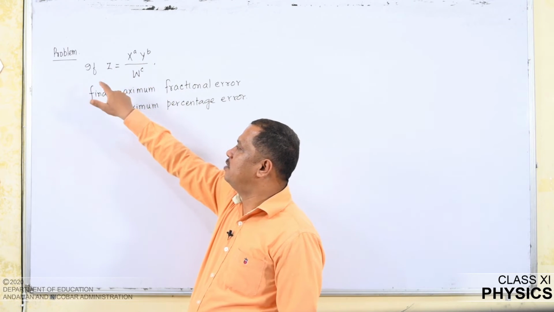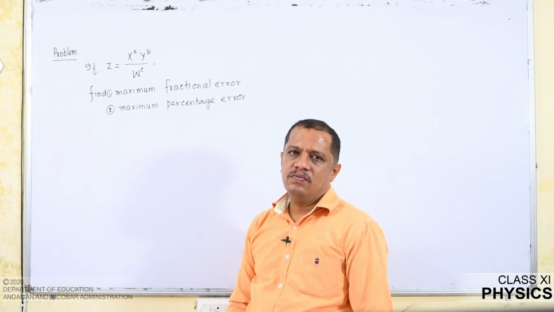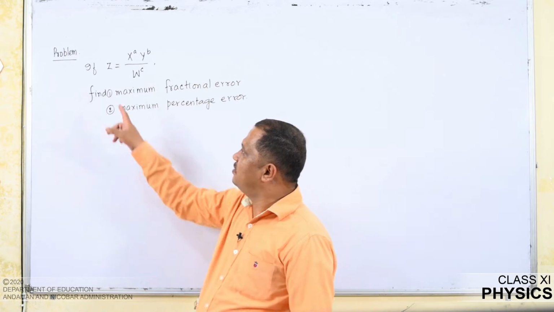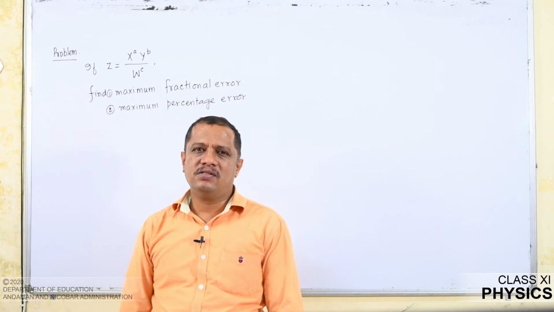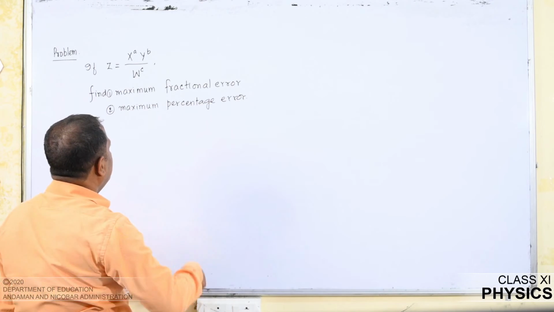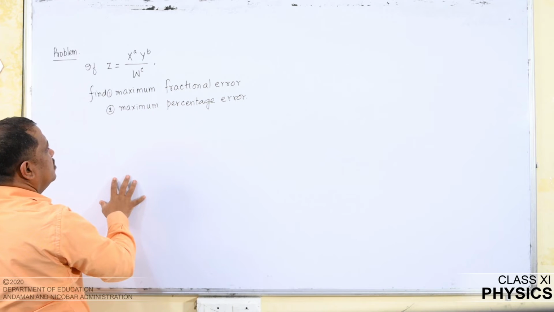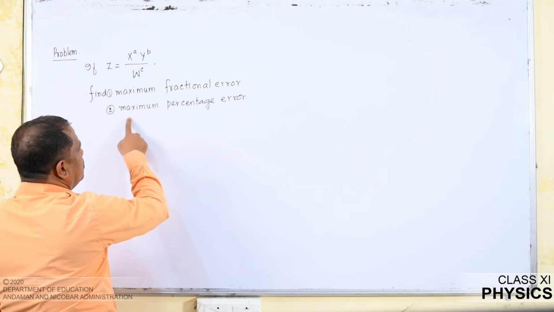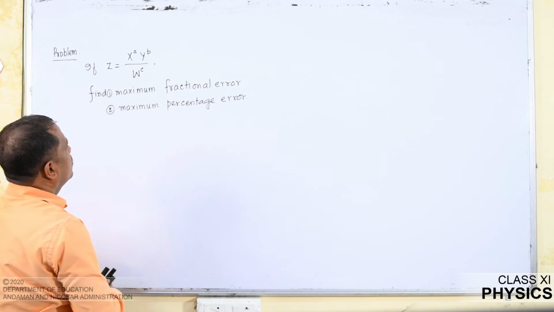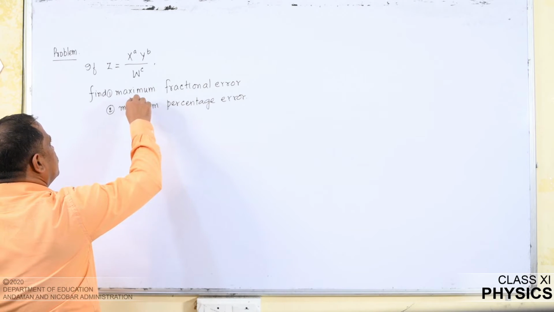When I do this algebraic operation, I am going to get the true answer as z, and I am asked to calculate the maximum fractional error when I do this calculation. Also, I need to calculate the maximum percentage error. So, let us try to do this first.